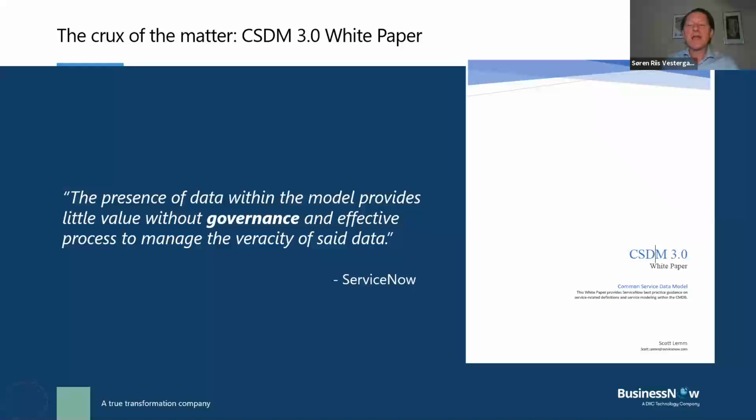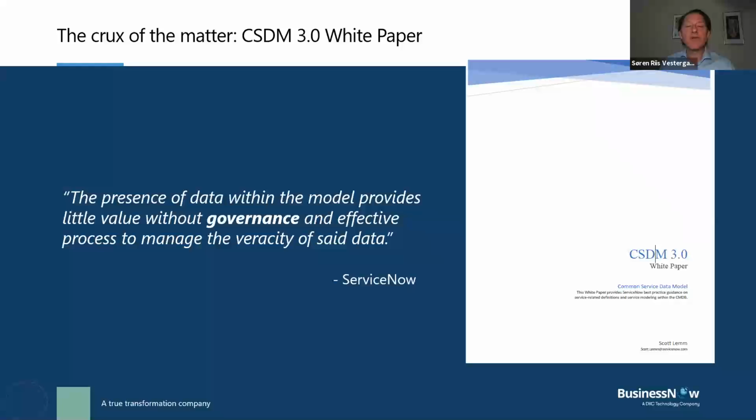So starting with how we can build this capability to get control of our foundation data, this is where data governance comes in. One more quote from the CSDM 3.0 white paper: the presence of data within the model provides little value without governance and effective process to manage the veracity of said data.